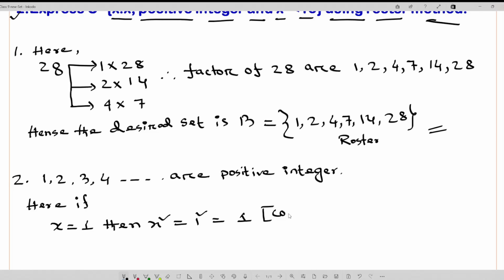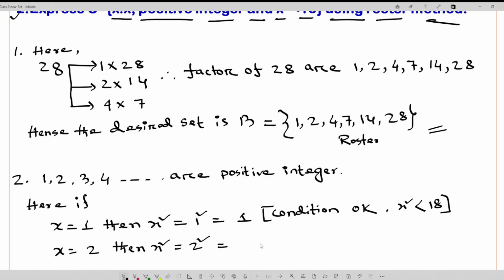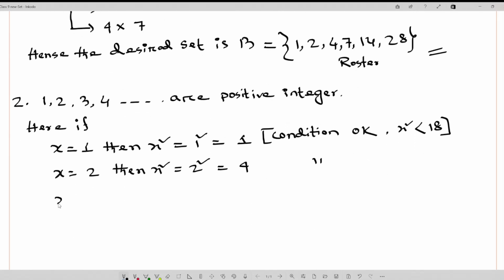Here the condition, okay, for what? x squared less than 18. 1 squared means 1, and 1 is less than 18. x equals 2, then x squared equals 2 squared equals 4. Here the condition is also okay. x equals 3, then x squared equals 3 squared equals 9. Here the condition is also okay because 9 is less than 18.